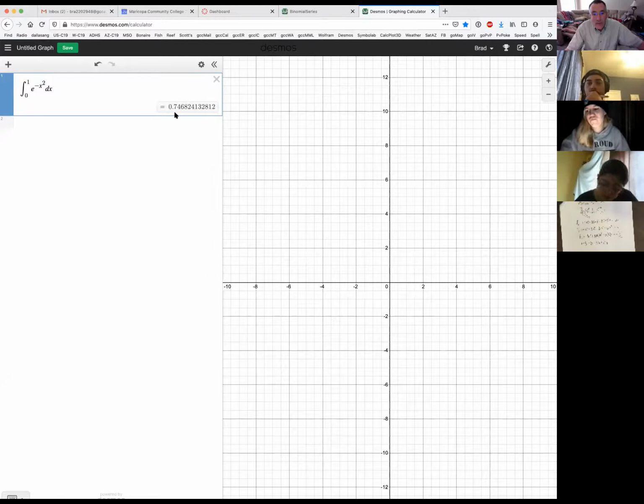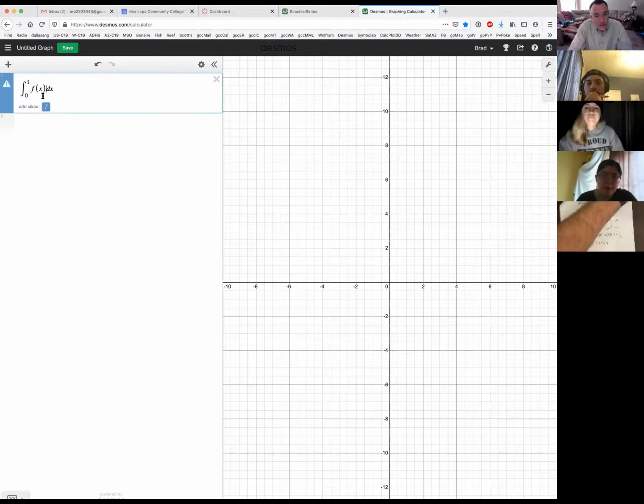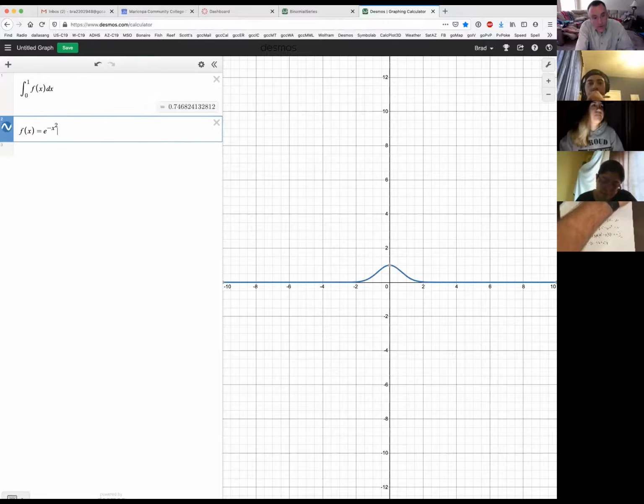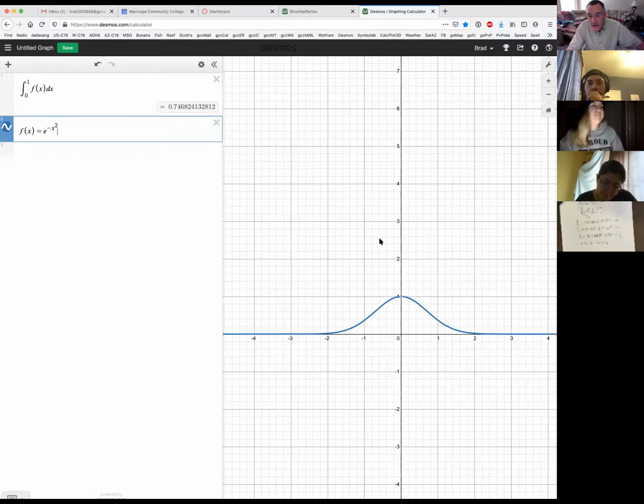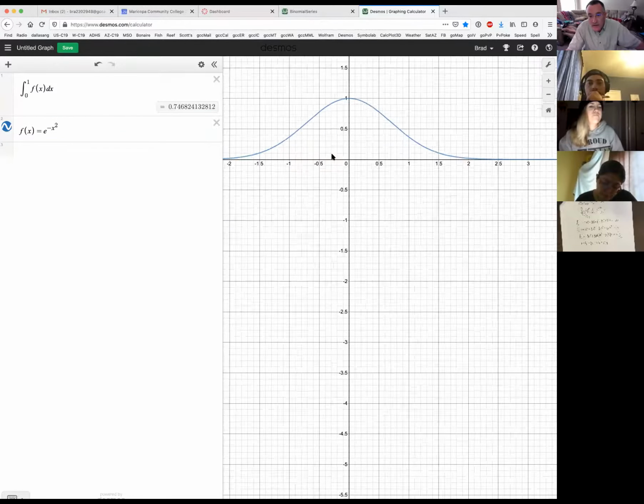So I'm supposed to be getting this. And what is that? Well, maybe I just do this instead. Copy f of x. And then I come down here and I say f of x is this, so that I can look at it, right? Here's a nice picture of it now.